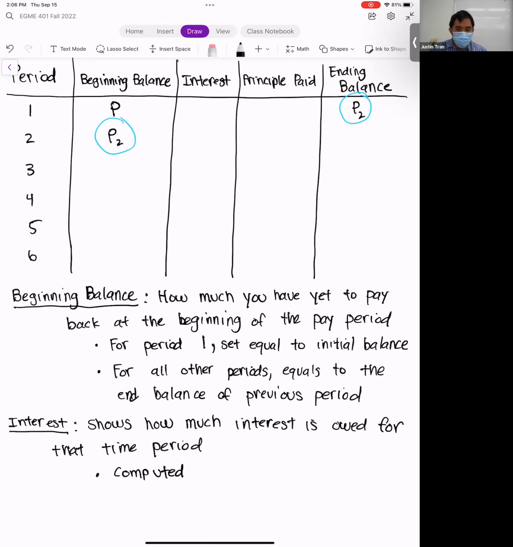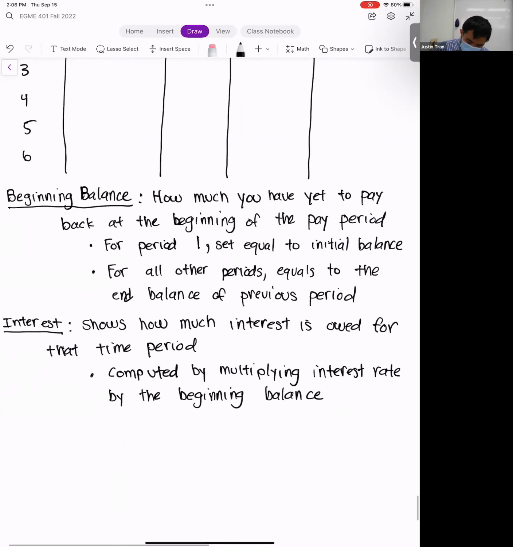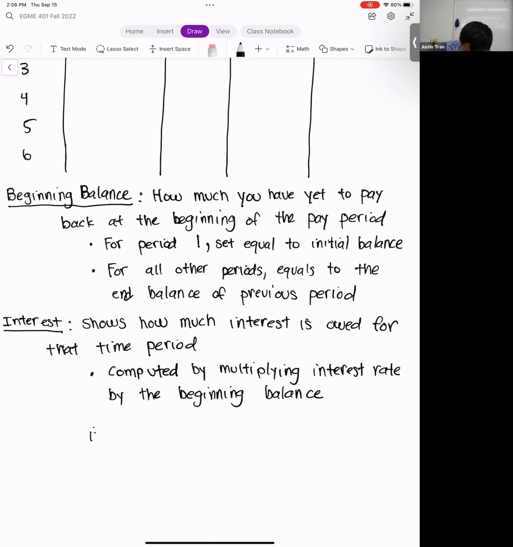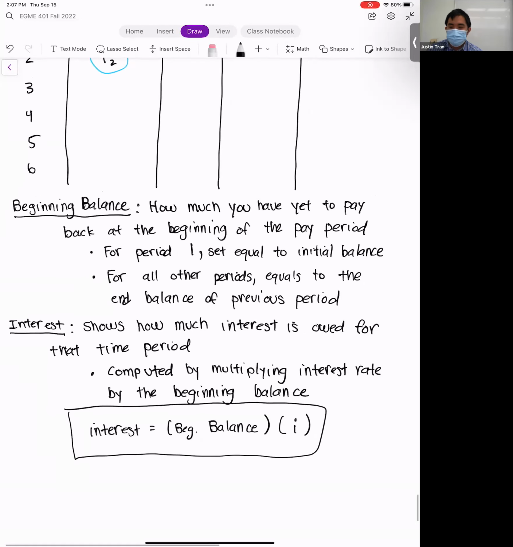So you take your interest rate and multiply it by the beginning balance. Interest is equal to beginning balance multiplied by i, where of course you express i as a decimal instead of a percentage.